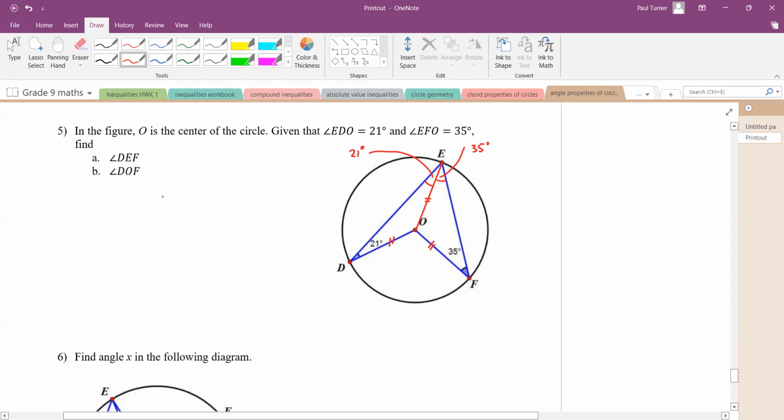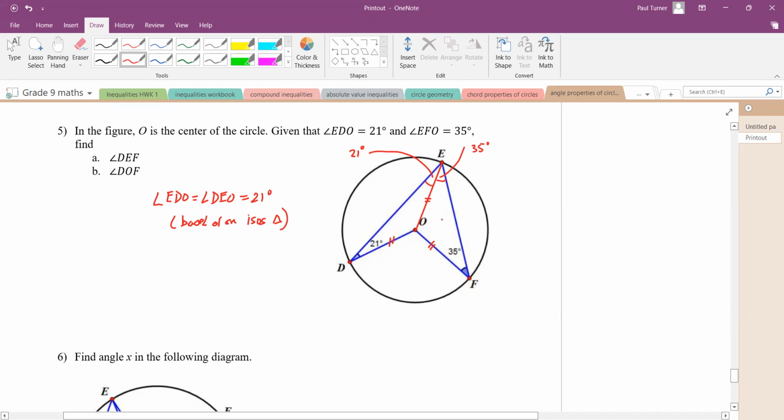So we should take note of that. We can say that angle EDO is equal to angle DEO, which equals 21 degrees. You should take note of what you're doing here. Don't just give me the total angle, but actually separate it and show the working. And that is base angles of an isosceles triangle.